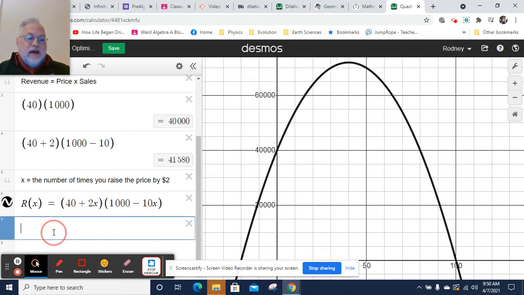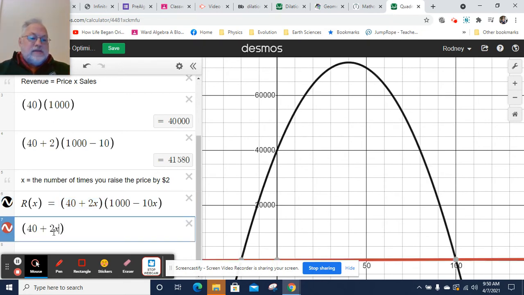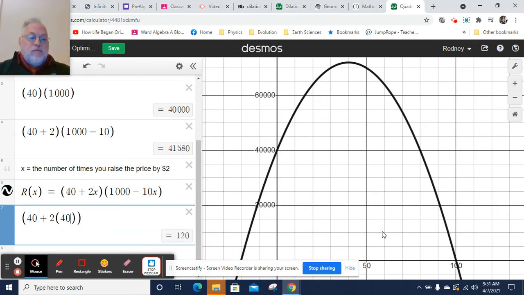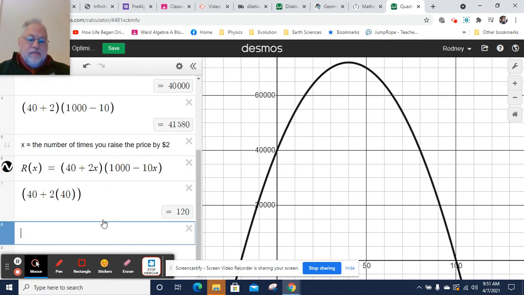So we've worked out that if x is 40, we know what our new price is going to be. So it's going to be our starting price of 40 plus 2 times 40 price increases. So your new pointy hat price, your best hat price, is $120 based on your market research. Now let's see how many customers you'll have at that point. This is the sales equation. So we plop that in here.